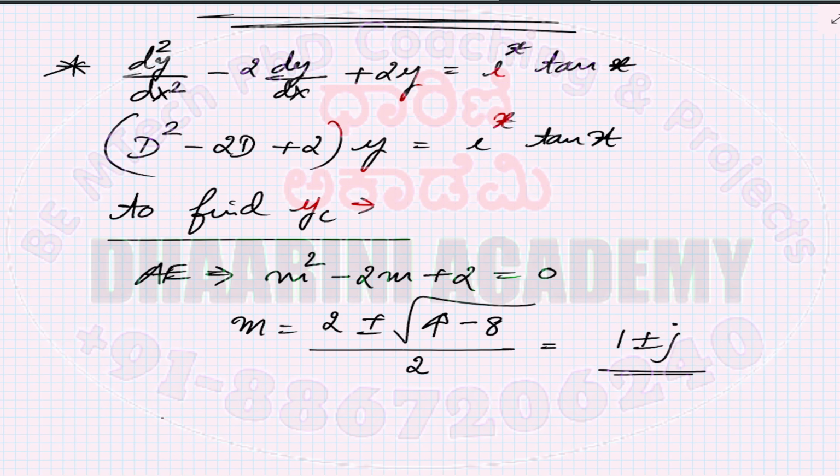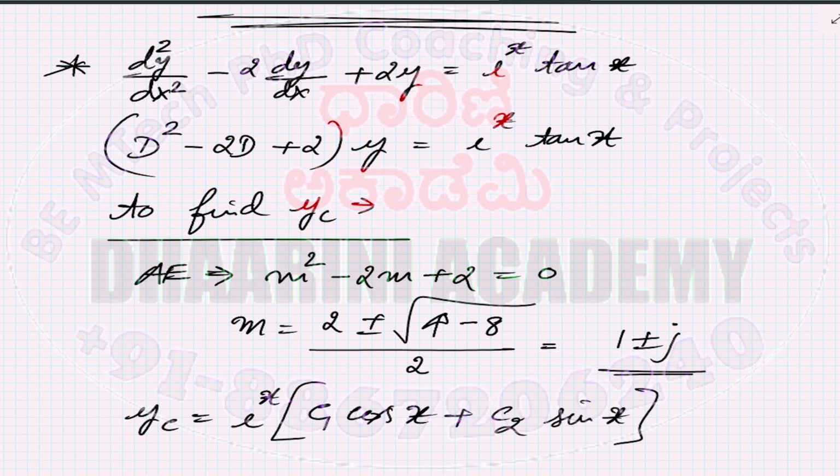So when we have roots as complex conjugates, the yc is guessed as e to the power of the real quantity, that is 1 into x, into c1 cos of 1 into x plus c2 sine of 1 into x. This is our yc.